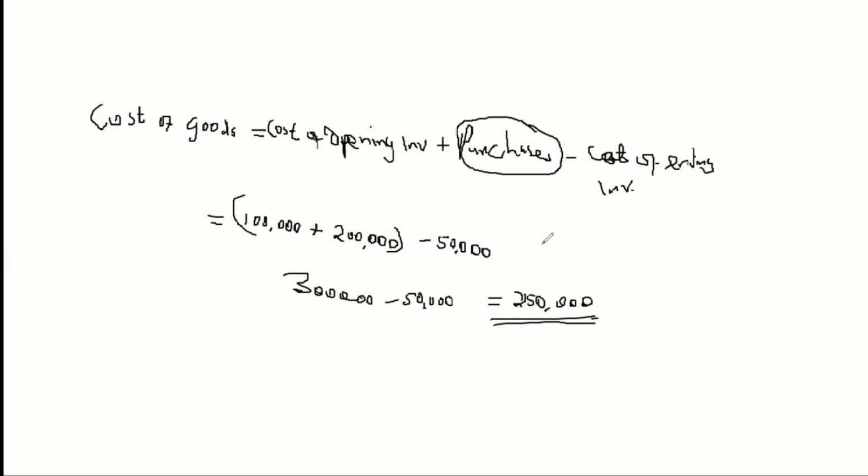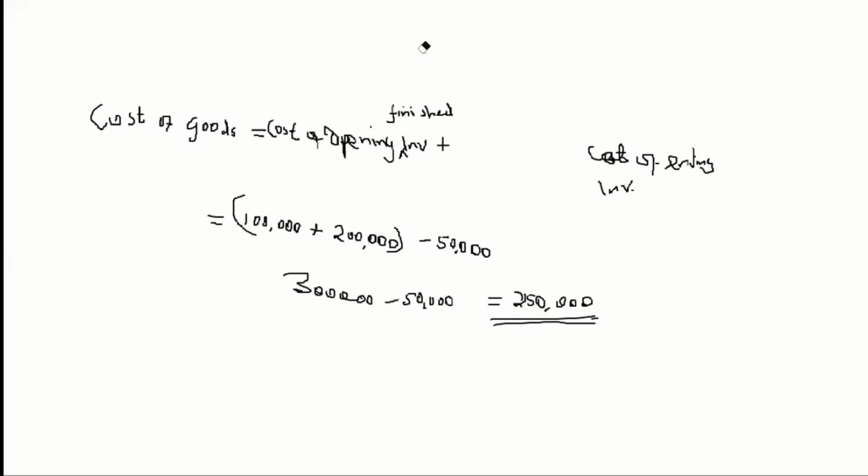So it is the cost of opening finished goods, because the finished goods are the ones that are sold, not the ones that are still in progress.